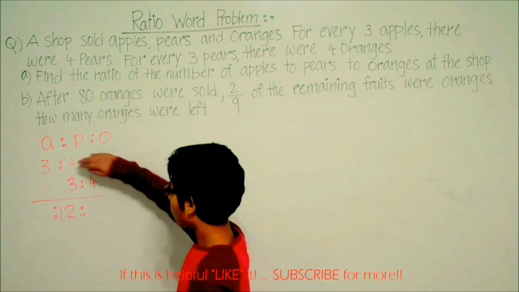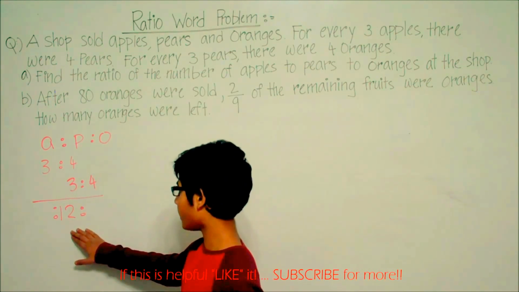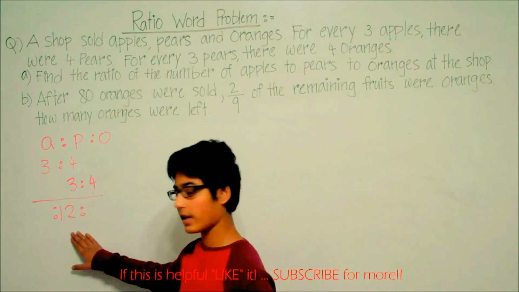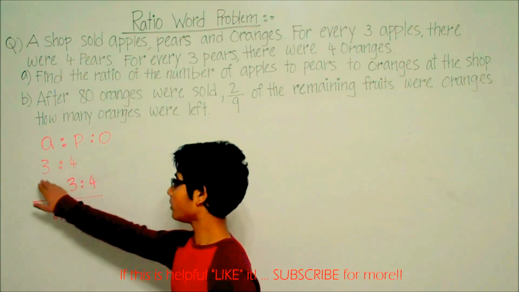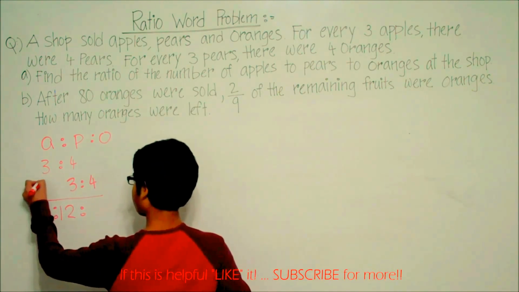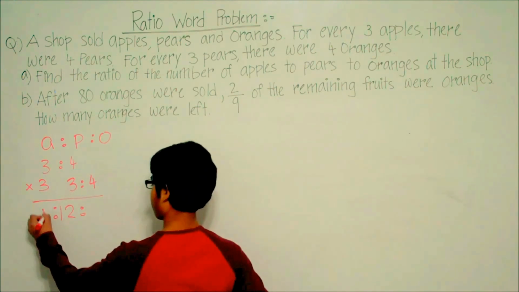Now, what do we do to 4 to get to 12? Well, we multiply by 3. And we know that whatever we do on one side of the equation, we have to do on the other side. So we multiply 3 by 3, which is equal to 9.